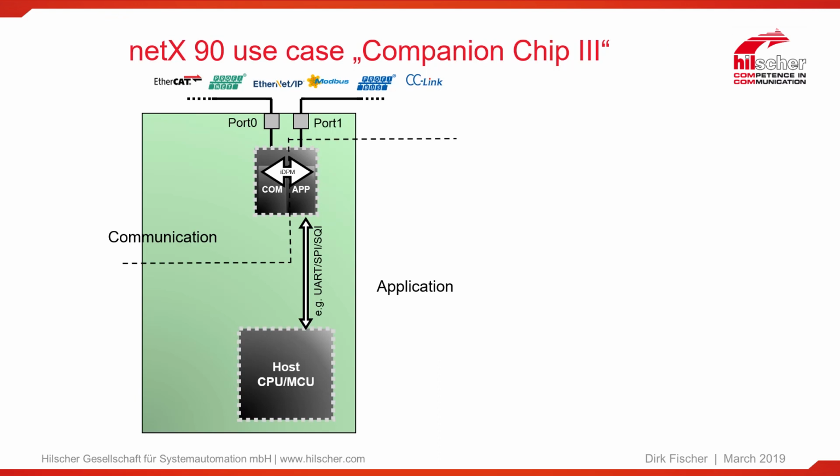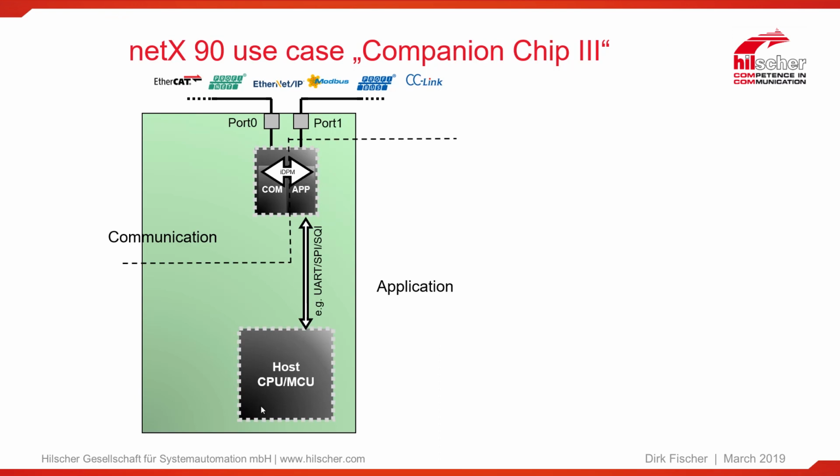With this structure, it's possible to have a generic host controller which provides data to the application side, and the application side abstracts different protocols like Profinet, EtherCAT, Ethernet IP. They all need a slightly different configuration and different handling, and this can be abstracted on the application side.